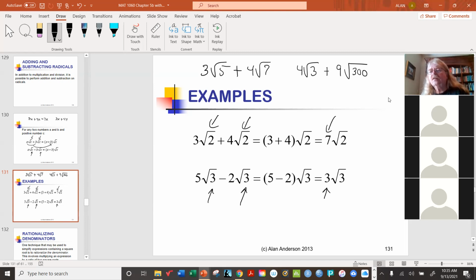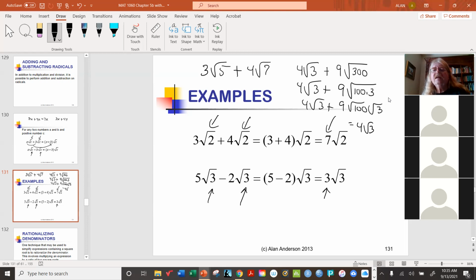You have 3 and 300, they're clearly not the same thing, but you might notice with the 300, oh, look at that. Now look what's going to happen. That's going to be 4 radical 3 plus 9 times 10 times radical 3. So I've got 4 radical 3 plus 90 radical 3.